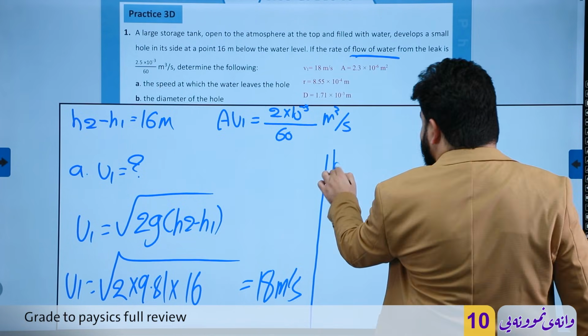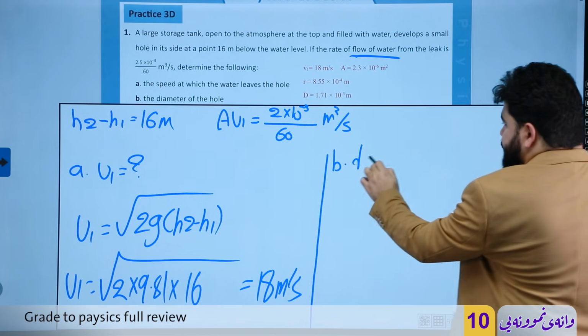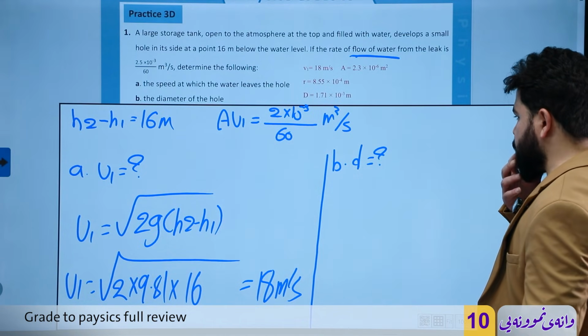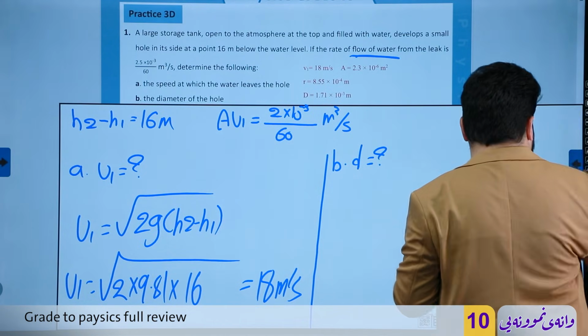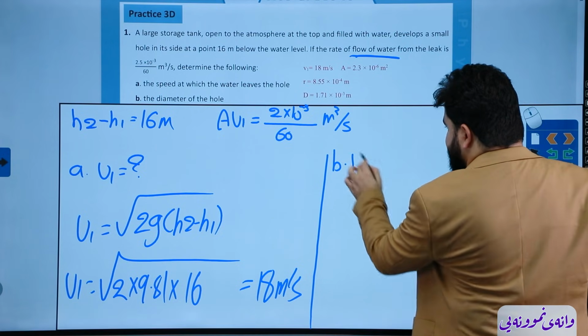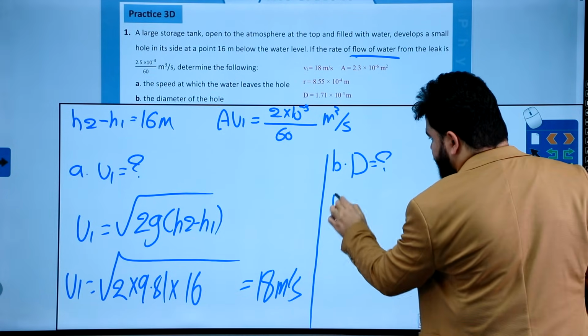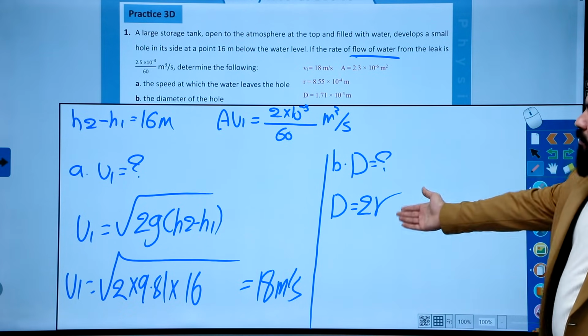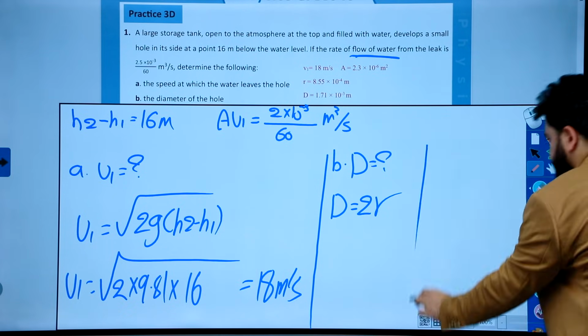B, it says calculate the diameter. D is equal to what? The diameter is equal to 2 multiplied by the radius. I don't have the radius. How can I find the radius?